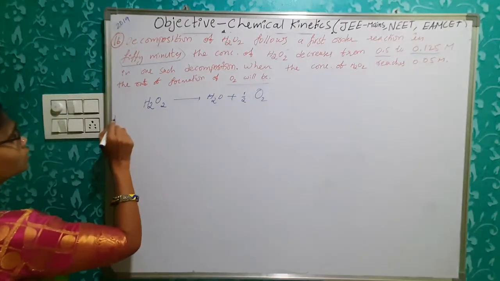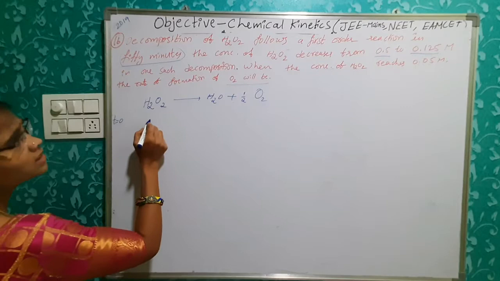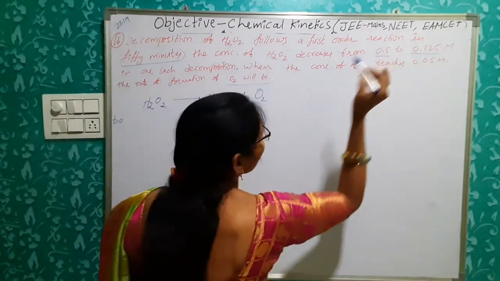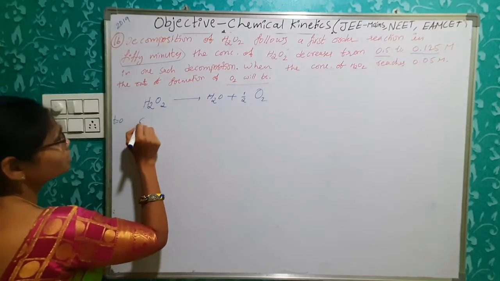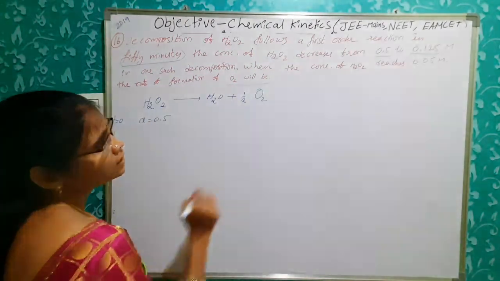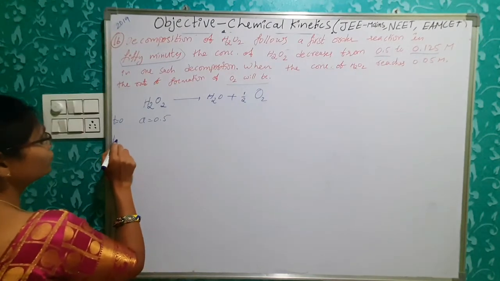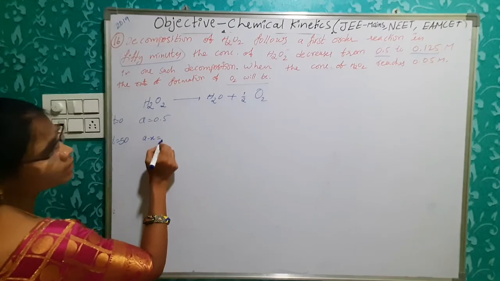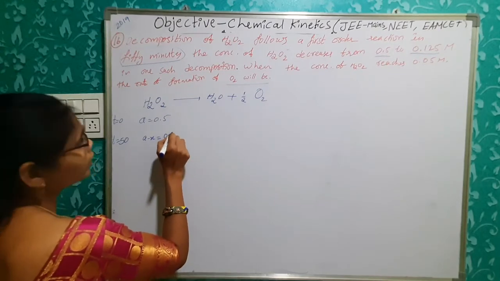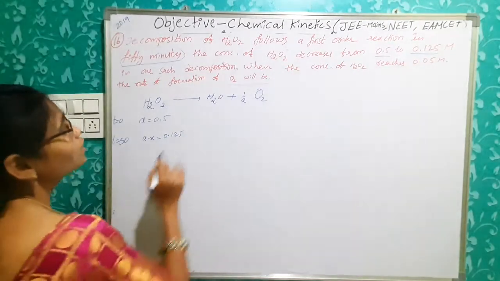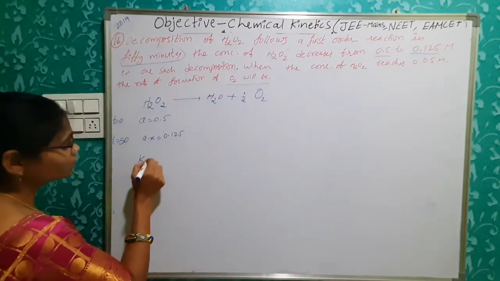Suppose the initial concentration at time 0 is given, so A is nothing but 0.5. After 50 minutes, A minus X is nothing but 0.125. Now, for a first order reaction, what is the formula?